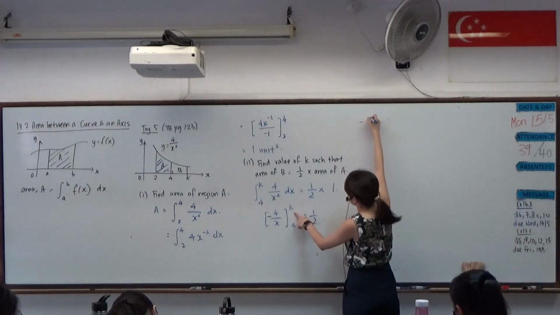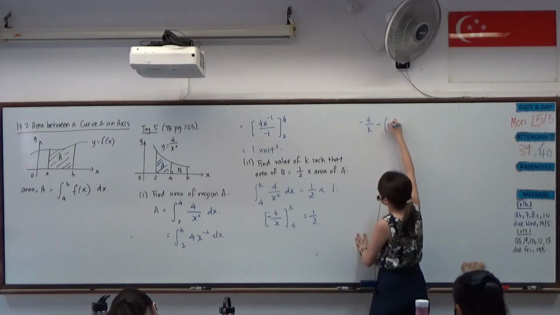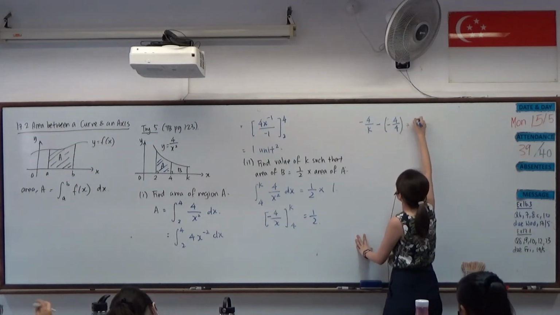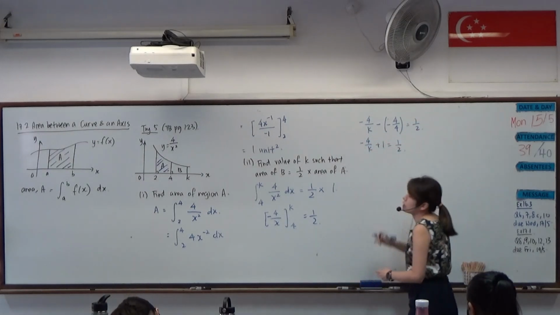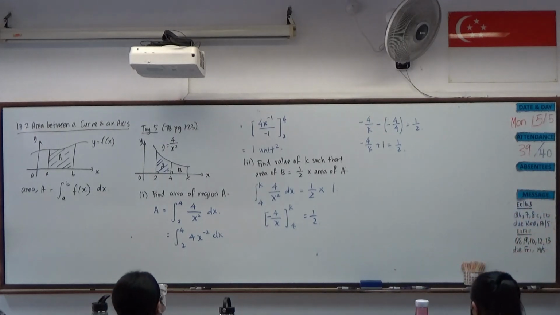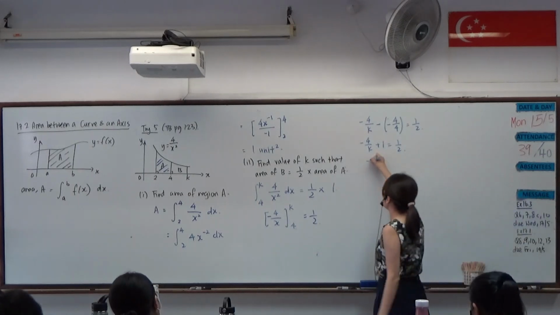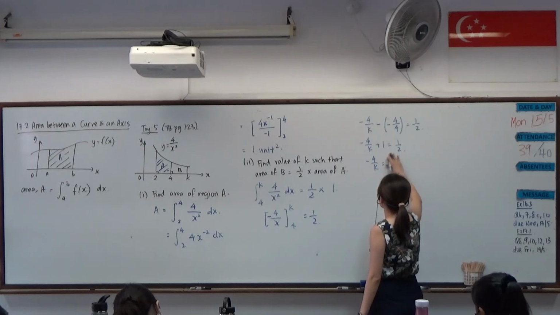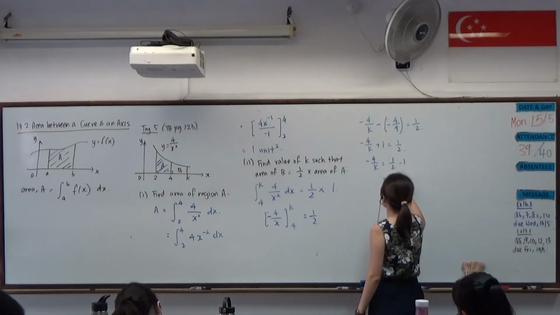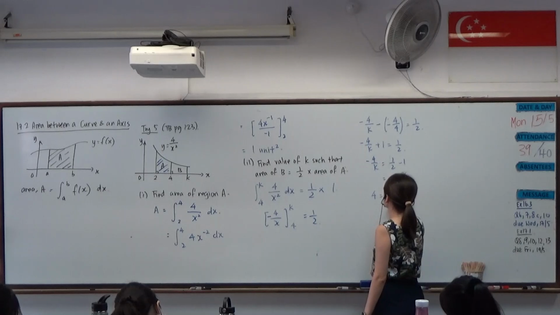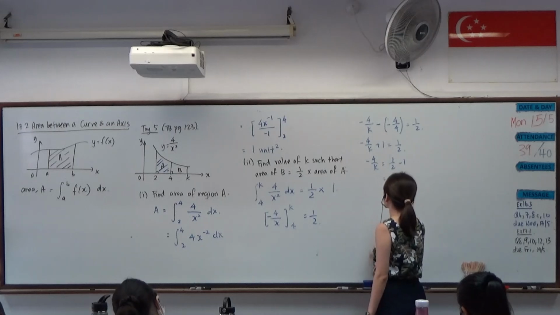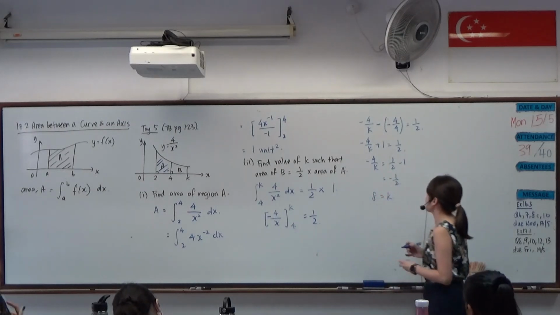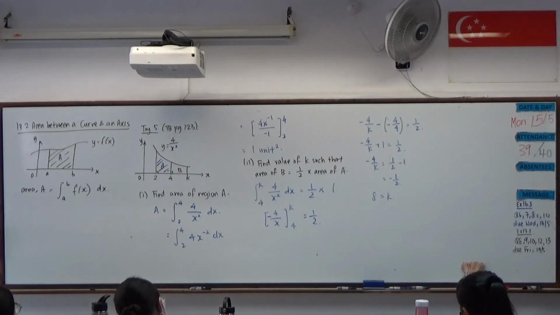So k first, negative 4 over k, minus away negative 4 over 4 equals half. Then we get a simpler equation for us to actually solve, and we find that k is equal to 8.